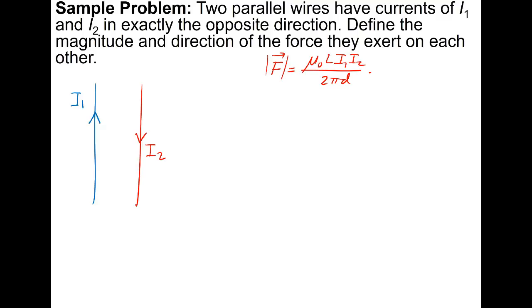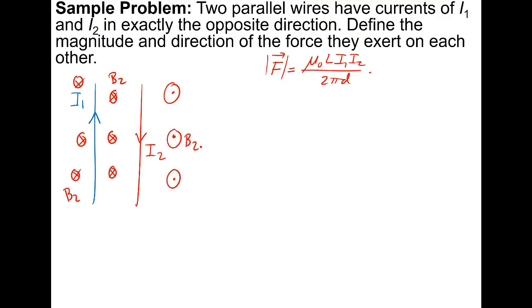And you curl your fingers, and your fingers are actually going into the page anytime you're to the left of I2. So this is really B2 that we're drawing here. But then when you're to the right of I2, your fingers should be coming out of the page, and so we draw B2 going that way.